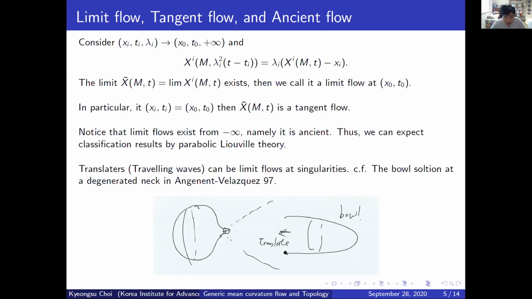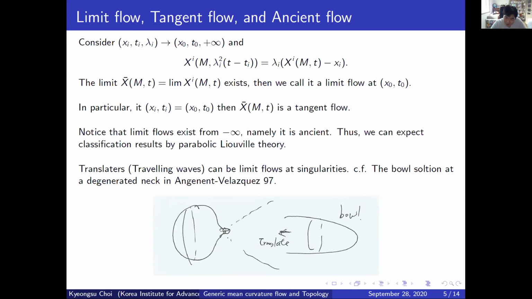For example, this is an example of Angenent and Velázquez in 97. Maybe I can consider some rotationally symmetric mean curvature flow, but very interestingly, or unfortunately, we can construct this kind of neck, I mean this kind of singularity.